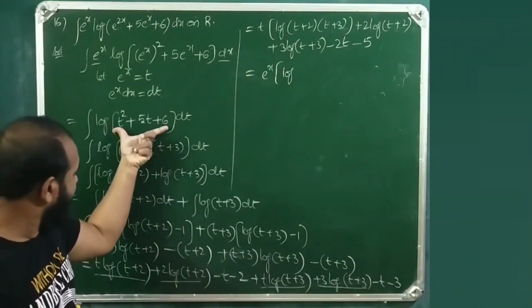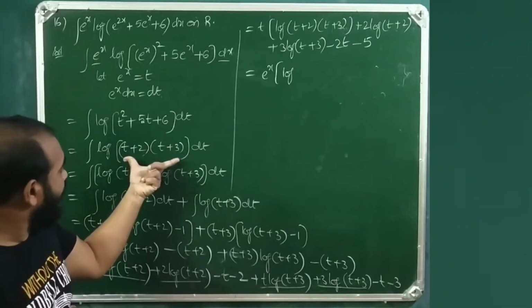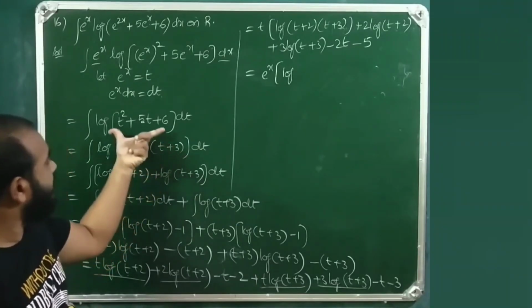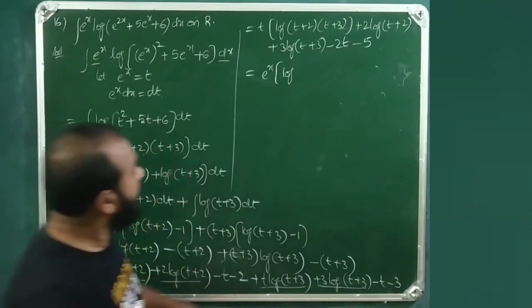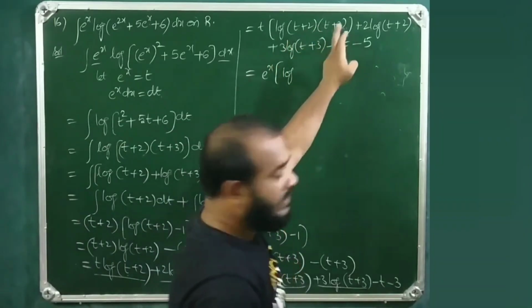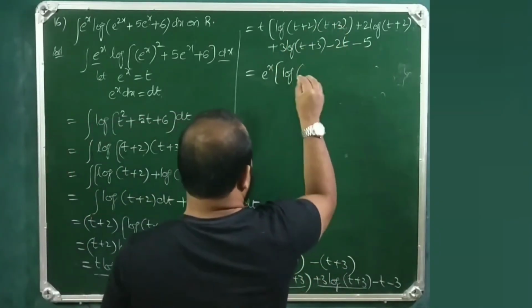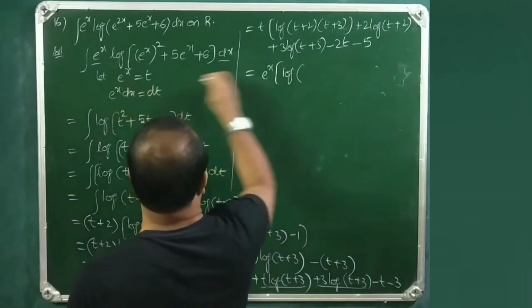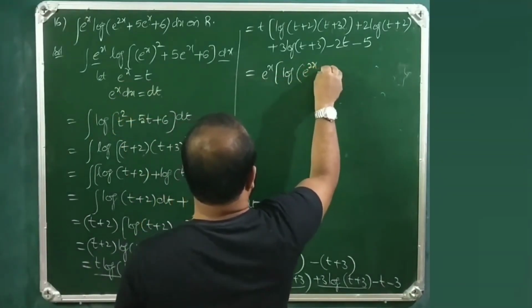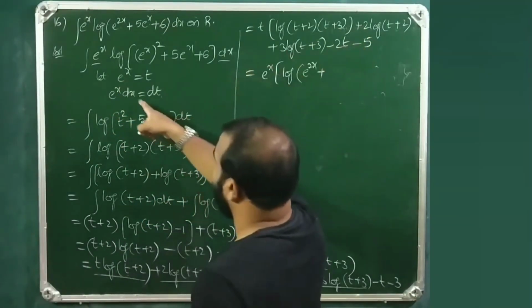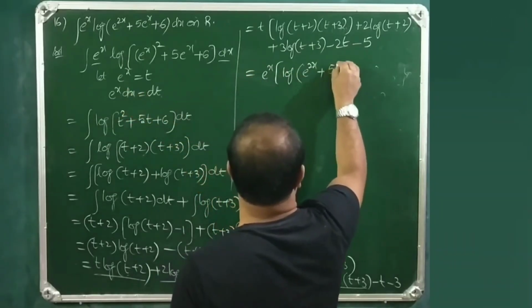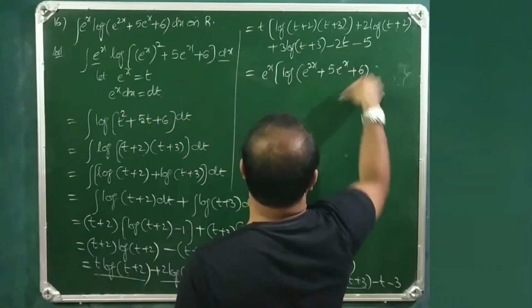If we can write this, why can't we write (t+2)(t+3) as t square plus 5t plus 6? So t square here is e power x whole square, so e power 2x, plus 5t, 5 e power x, plus 6.